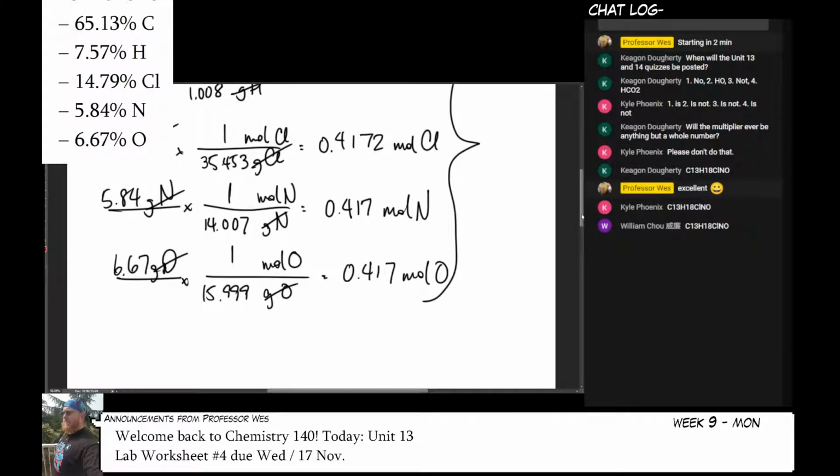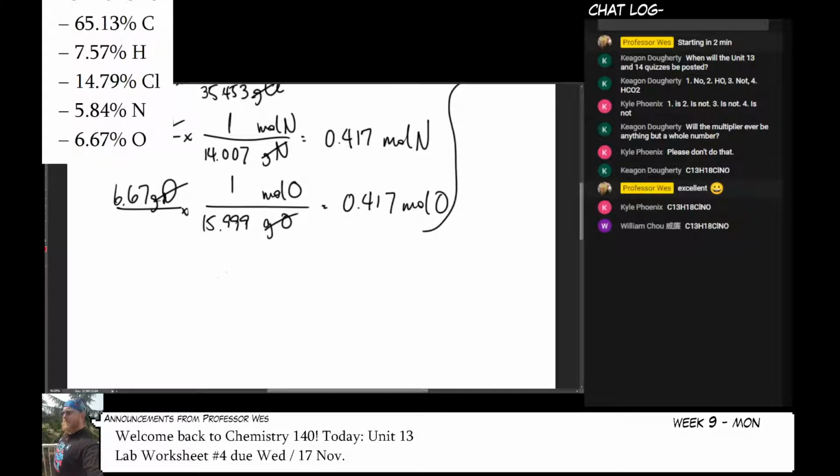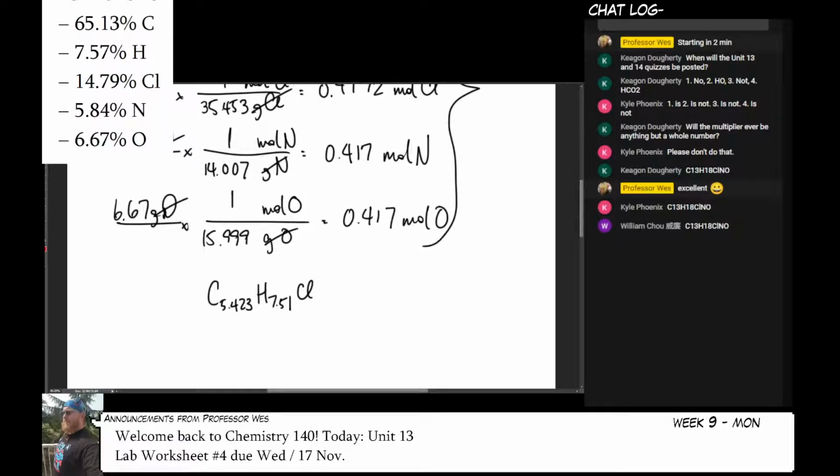and I'm going to make them into a pseudo formula. So that's going to look like this. So C 5.423, H 7 point something, 7.51, Cl 0.4172, N 0.417, O 0.417.